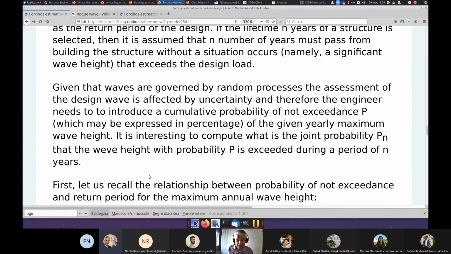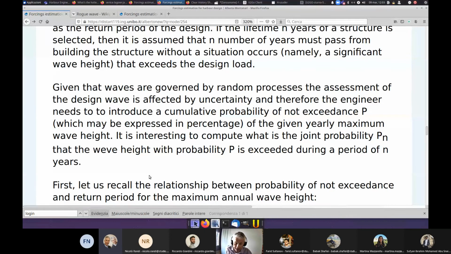And keep in mind that there is a relationship. We can establish a direct relationship between the probability of a wave height and the return period. So in technical terms, we often talk about the return period, but keep in mind that the return period is associated to probability.